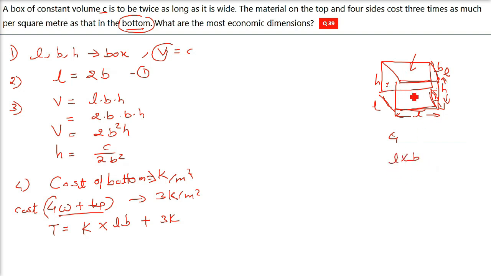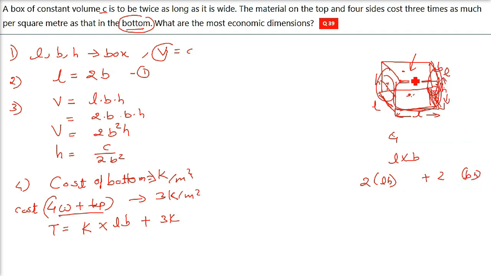Now we have to see the walls. 4 walls. One will be L into H. Actually, opposite sides will be the same. So L into H, and then we have H into B. Twice, and since they are opposite, they ought to be equal. So twice L into H plus twice the breadth into height, 2LH plus 2BH.